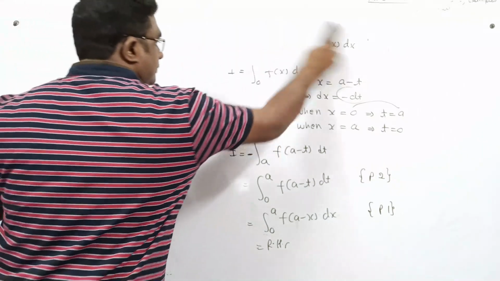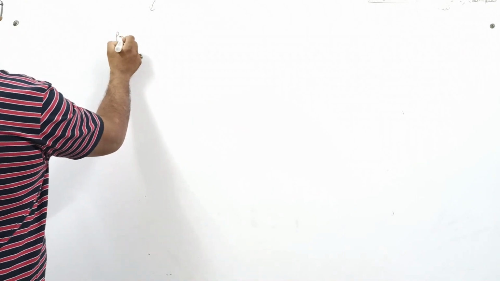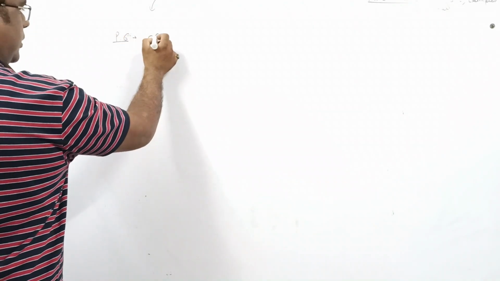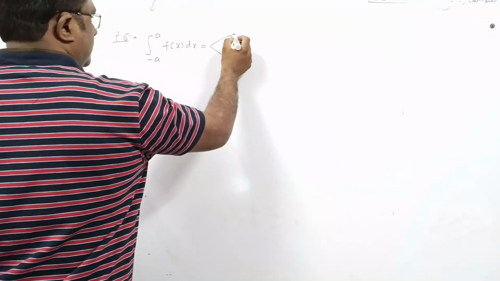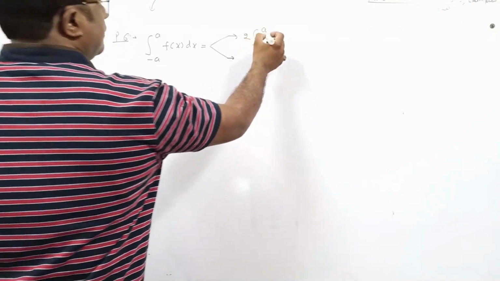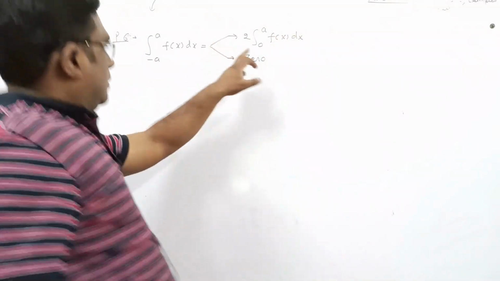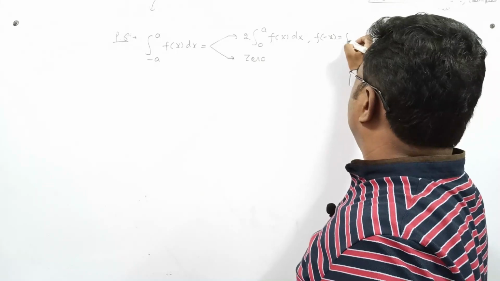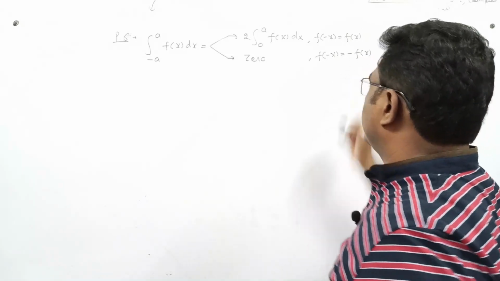Property number 6. Integral minus a to a f(x) dx is equal to 2 integral 0 to a f(x) dx, or 0. The first result is in the situation when f(minus x) equals f(x), and the second is when f(minus x) is equal to minus f(x).